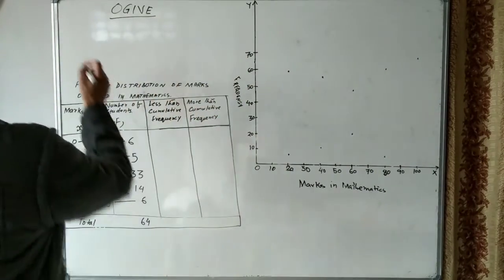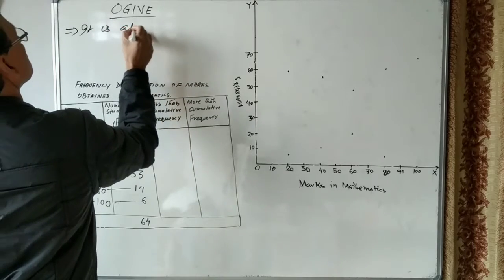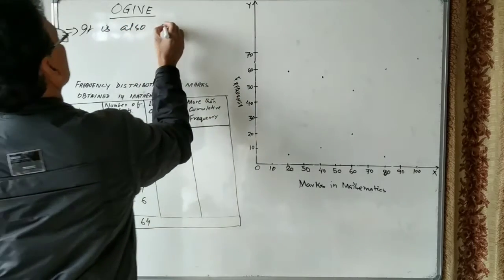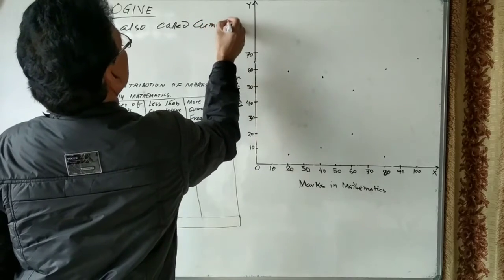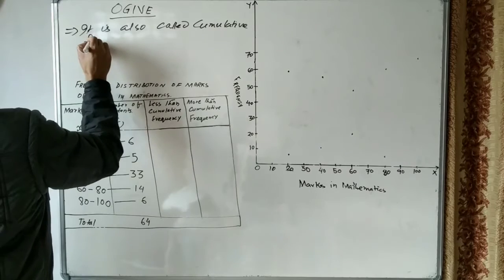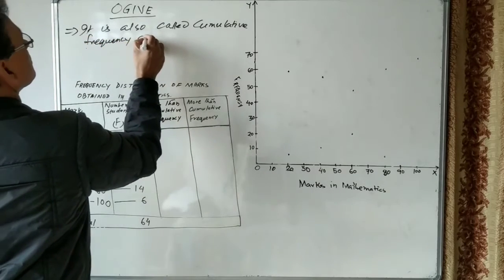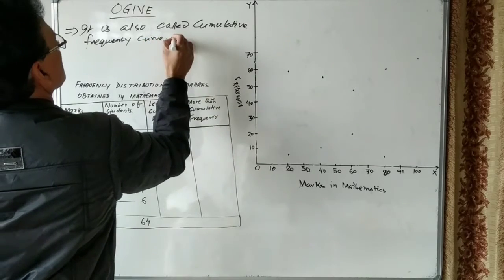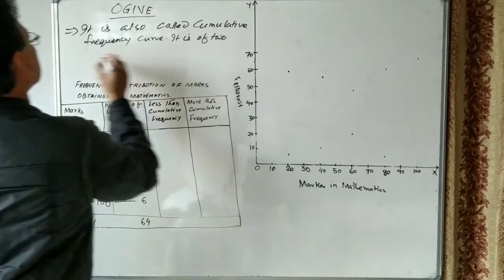I told you it is also called the cumulative frequency curve. It is of two types.